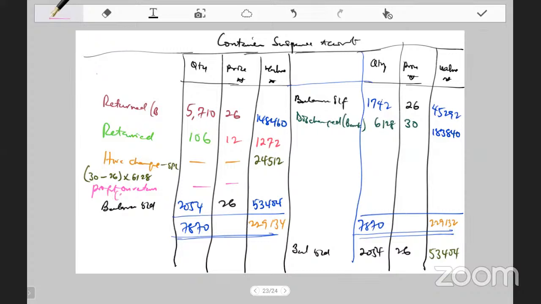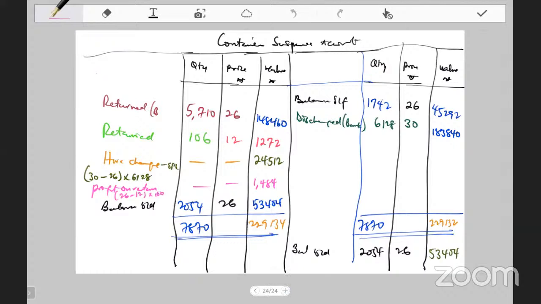That is 26 minus 12 times 106. That is 1,484. 1,484. That is it.